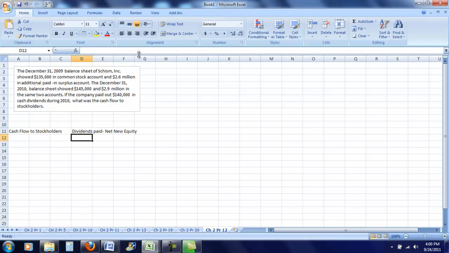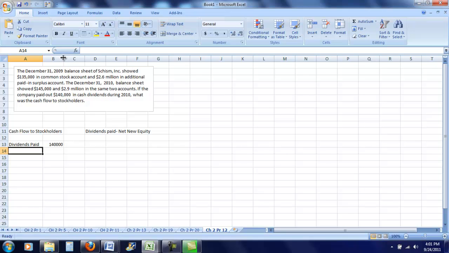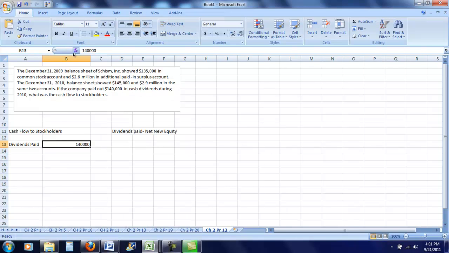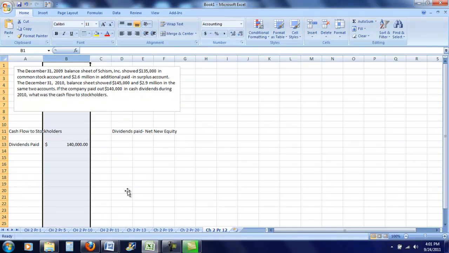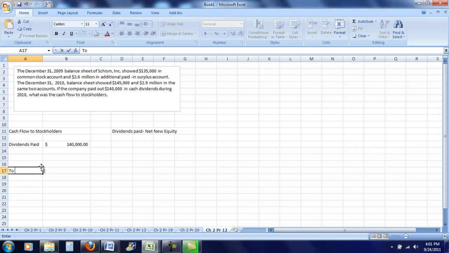So, dividends paid, and they paid $140,000. To find net new equity, we must find the change in equity.